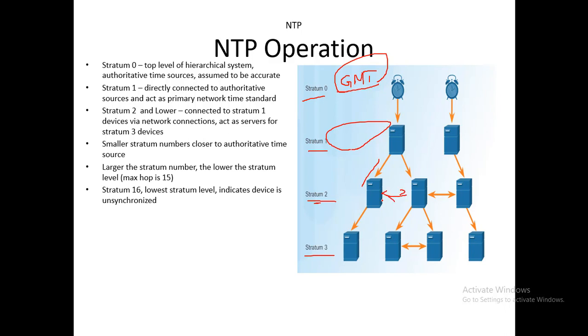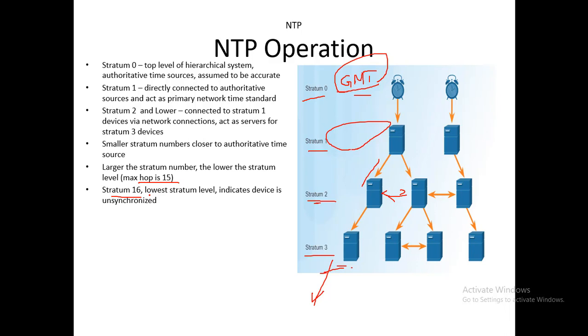In the last, lower layer, stratum 3 takes its time from stratum 2. You can see there will be a small difference between this time and that time because of the hierarchical levels. You can also have larger stratum numbers; the larger the stratum number, the lower the stratum, and the maximum hop count is 15.